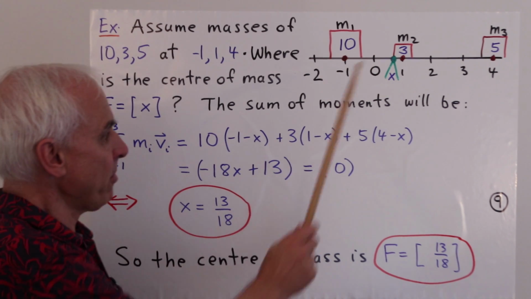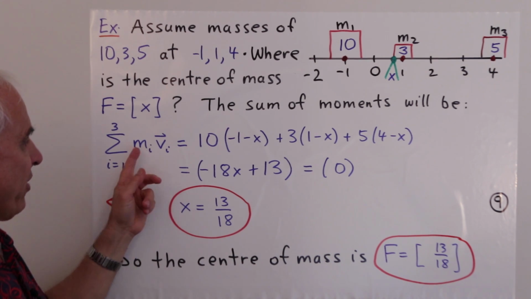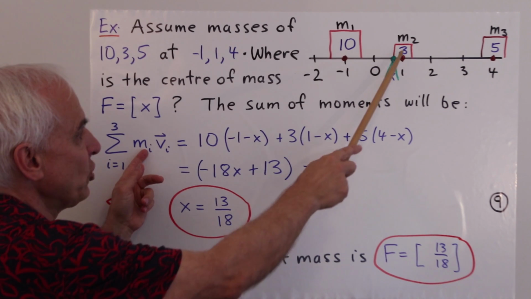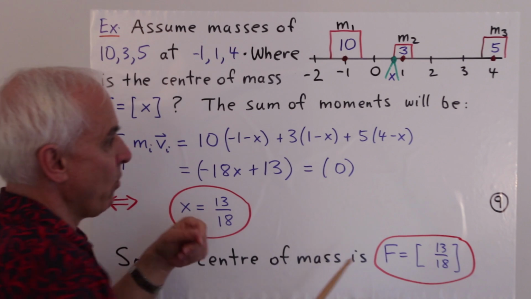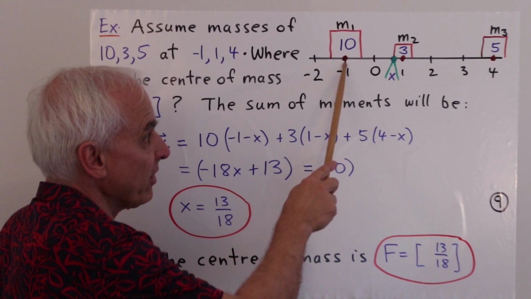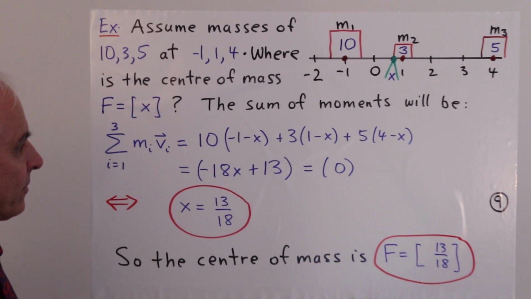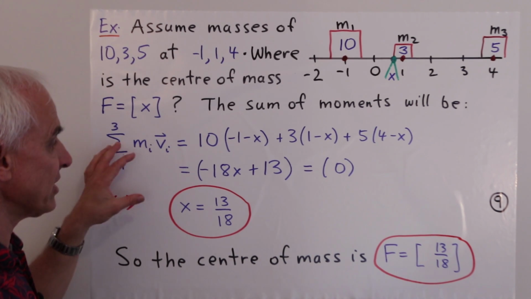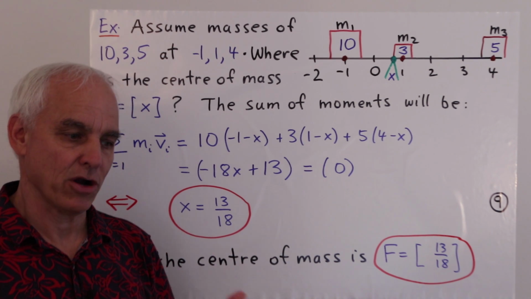So the sum of the moments will be what? The moments are these expressions here: m1 times v1, m2 times v2, and m3 times v3, where the vectors are the vectors emanating from the fulcrum to the various positions where the masses are. And we really want that vector sum to be equal to 0 for things to balance. That's Archimedes' law.